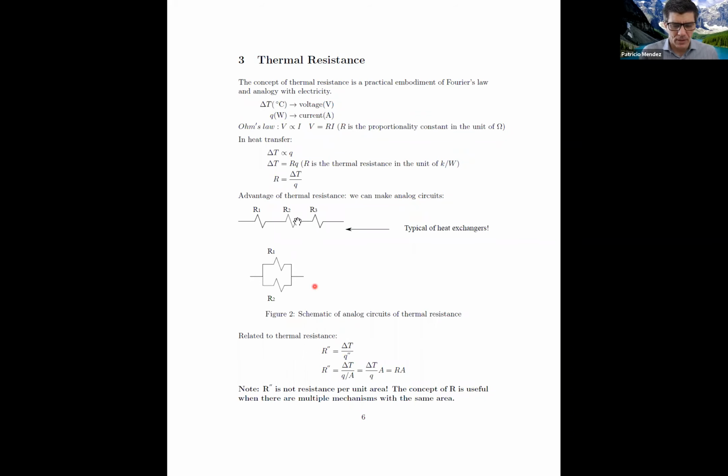Now, Q double prime is heat rate, Q, divided by area. Typically, the double prime means per unit area. However, and this is the terrible thing that confuses everybody, including me, this R double prime is resistance times area, not resistance divided by area.